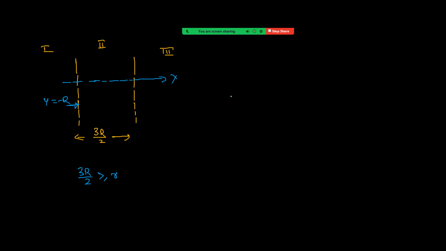If it is equal, what happens is when it completes a quarter revolution, it will touch this boundary. This is when 3R by 2 is equal to R. Then again it comes back like this.